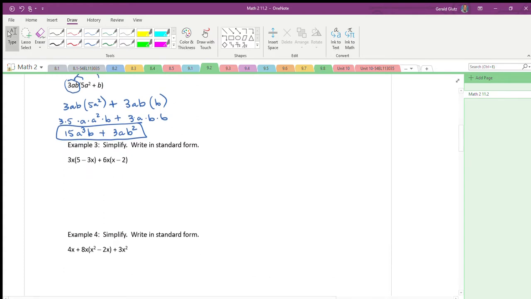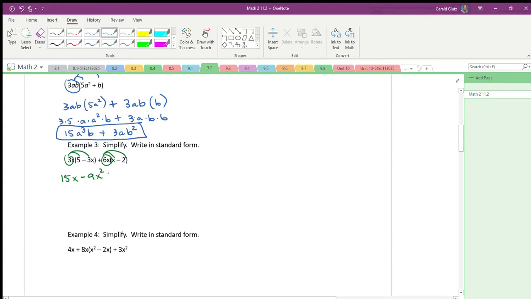Example 3. This time we have two things that we have to distribute. I'm going to distribute the 3x and also the 6x because these are separated by a plus sign. So 3x times 5: 3 times 5 is 15, and then I still have an x, so 15x. 3x times negative 3x: 3 times negative 3 is negative 9, x times x is x squared.